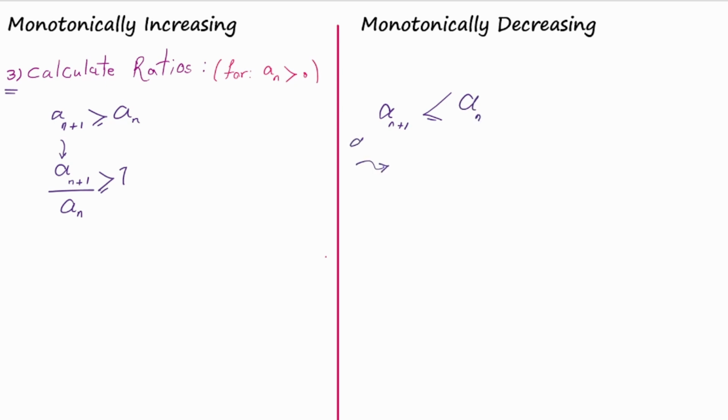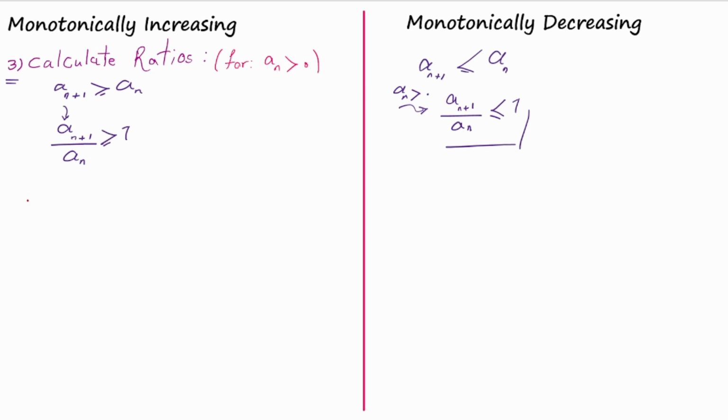If a sub n is greater than 0, we can divide both sides without changing the sign. So we have a sub n plus 1 divided by a sub n less than or equal to 1 for a monotonically decreasing sequence.